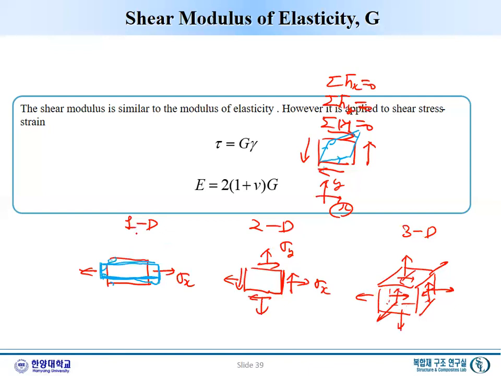So for this one, we have one component. How many components here? 1, 2, 3, right? One component, sigma xx, and in 3D there are six components. 3 normal and 3 shear.